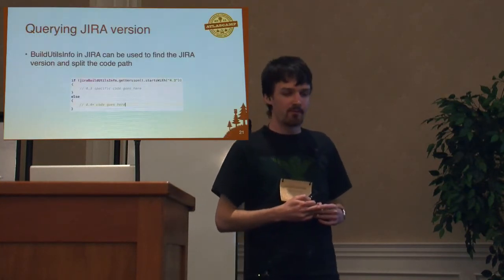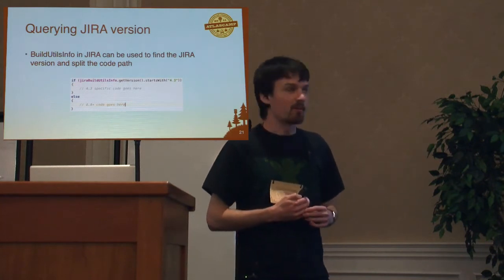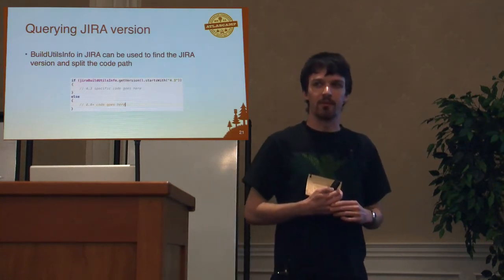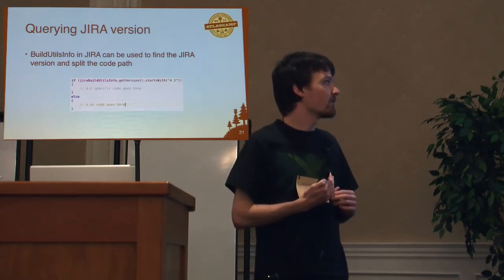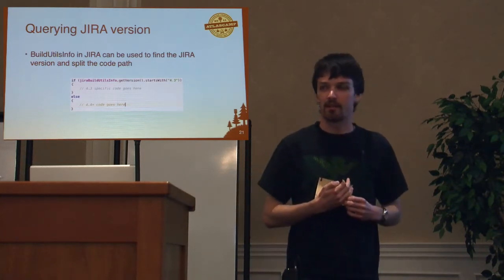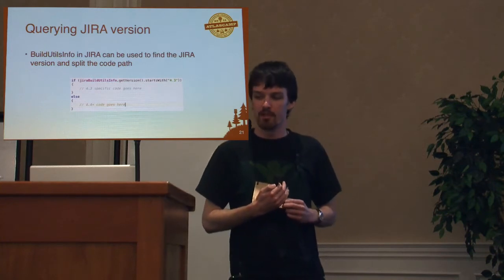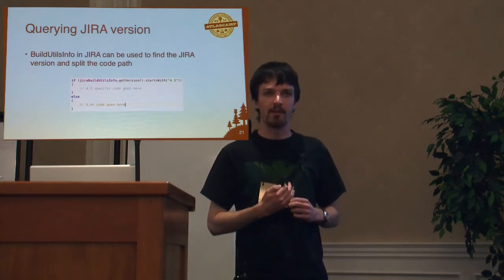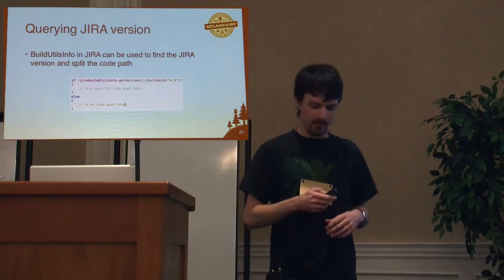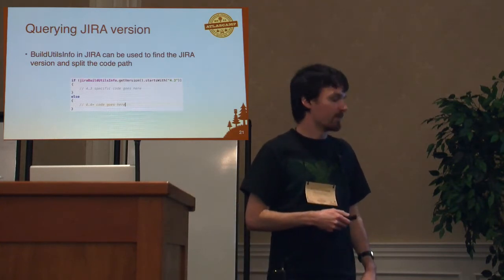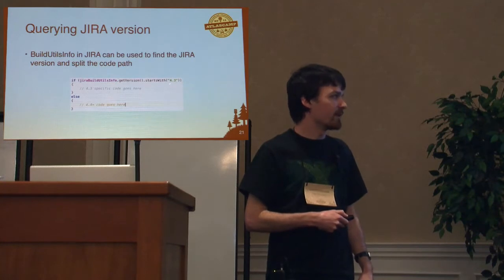So now we've dealt with our JavaScript and markup changes, and we want to deal with non-compile time breaking changes in the Java APIs. Within JIRA, there's a class called build utils info, which can be used to find out the version of JIRA and split the code path based on that. As you can see here, we're just splitting the code path based on whether or not it is 4.3 and putting in some 4.3 specific code.